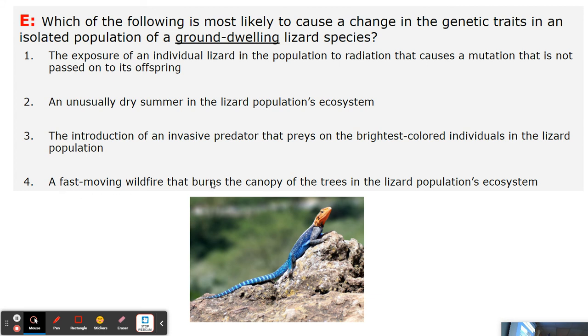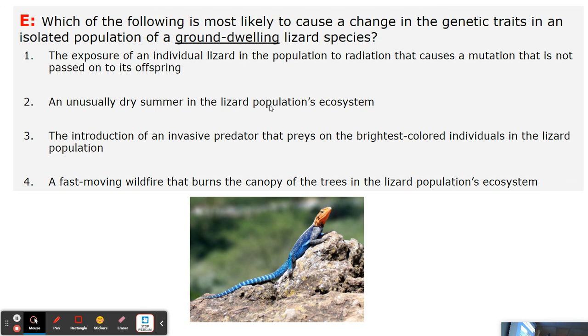Okay, it would not be this last one, a fast-moving wildfire that burns the canopy of trees. Canopies are the top of trees, and in our question, it's telling us that this lizard is ground dwelling. So he's on the ground. So 4 is out of the question. A dry summer is not going to change the genetic trait of the lizard population.